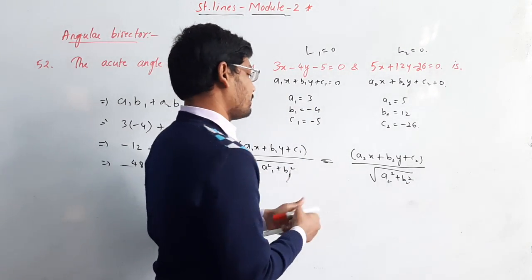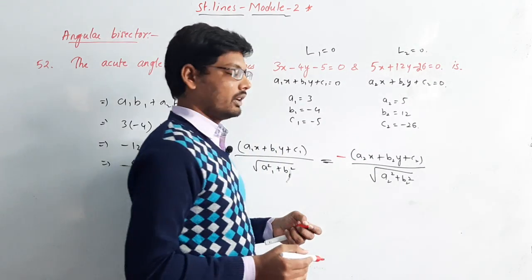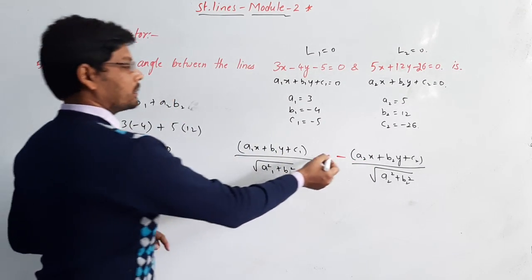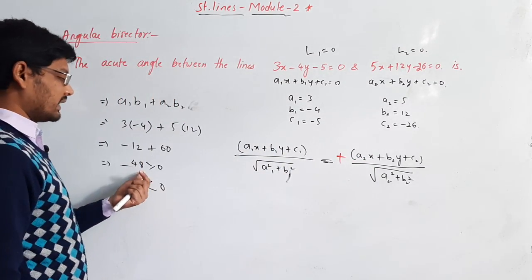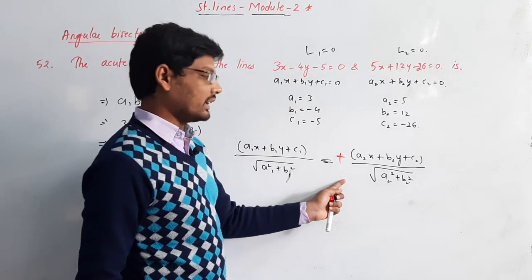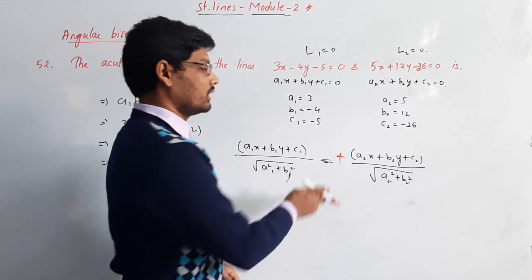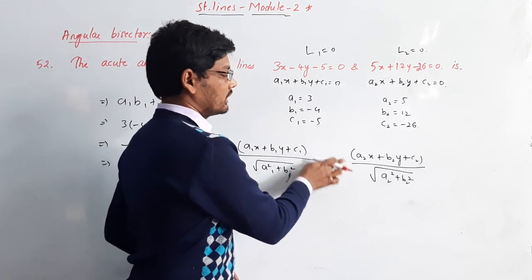If it is greater than 0, it is plus here. If it is less than 0, it is minus here. This is the condition formula for this one.